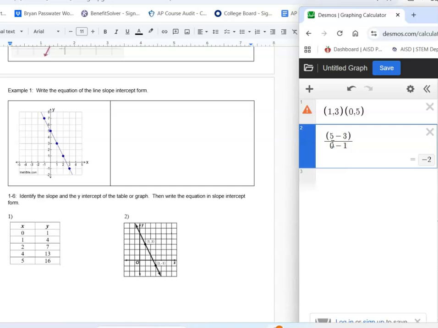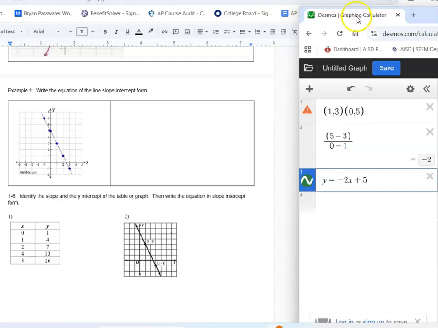All right, so that has a slope of -2, and it has a y-intercept at 5. I could calculate the intercept, but I don't have to because it's right there. There it is, 5. So the answer for the example would be y equals -2x plus 5. That's it.